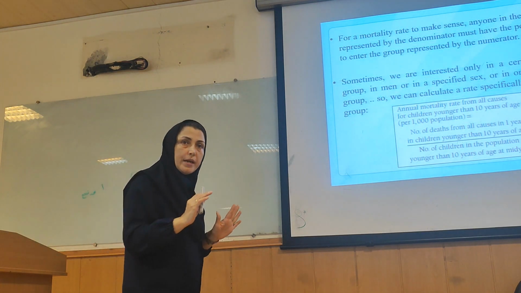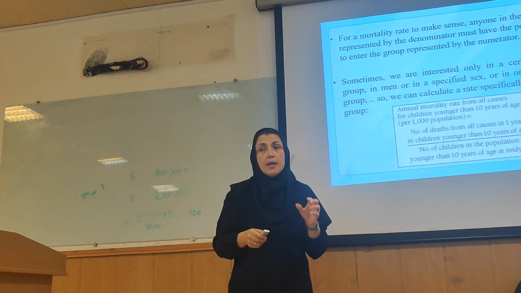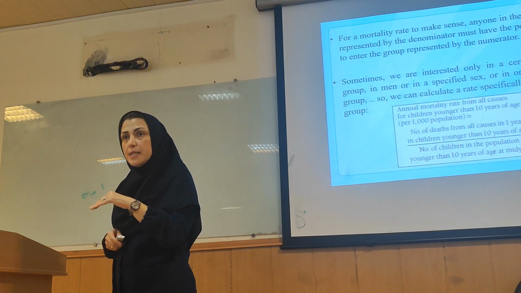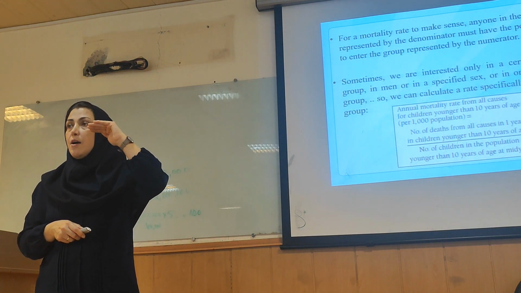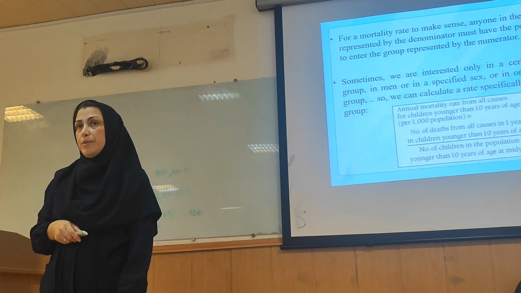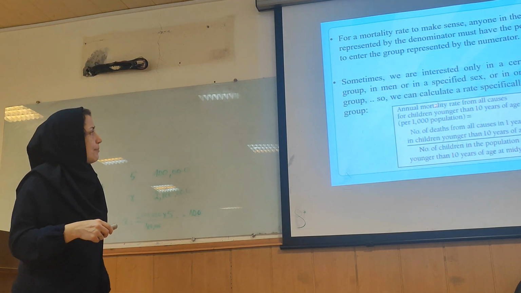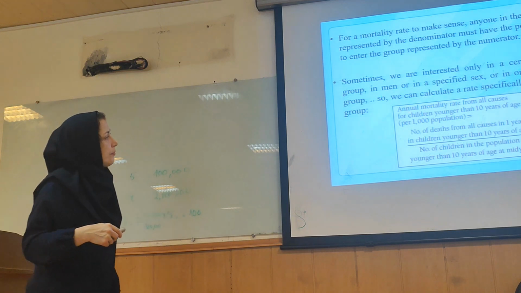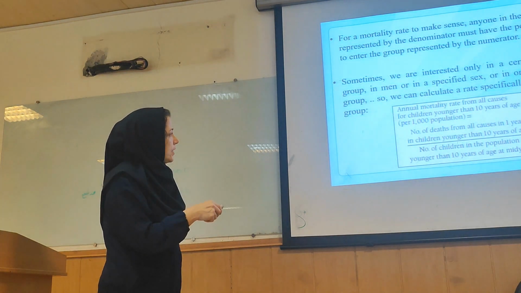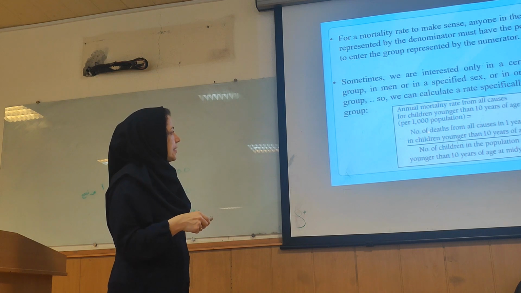So in mortality rate, you should consider the population of interest at the denominator and the number of cases of mortality at the numerator. Okay? For example, please see this example.